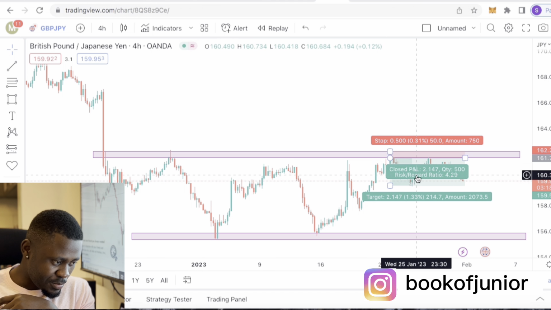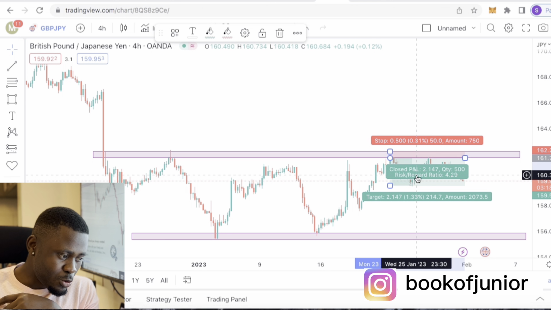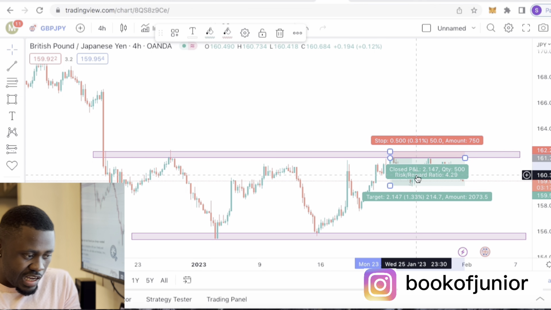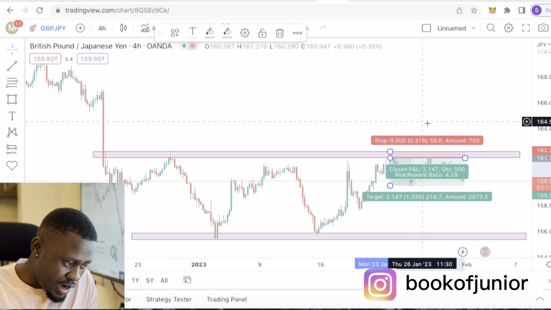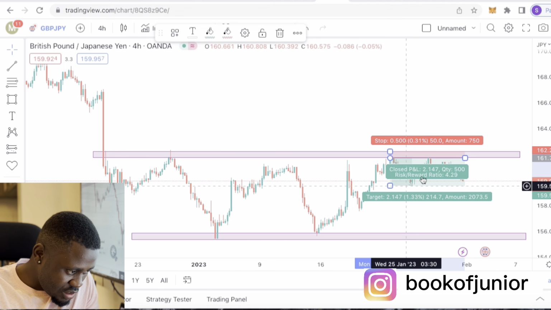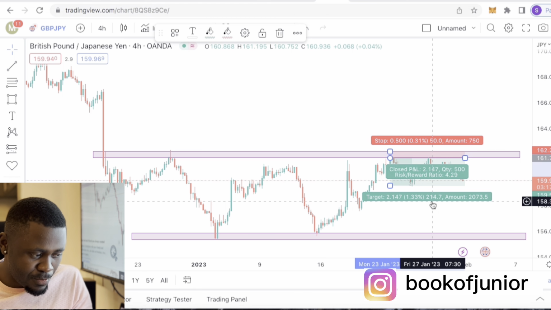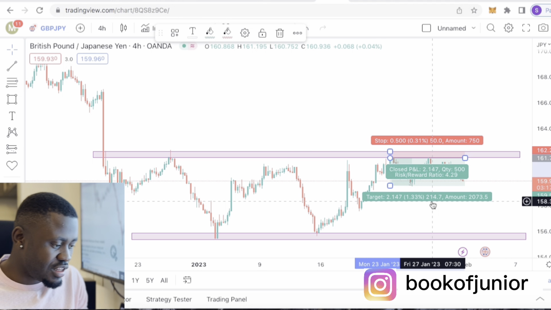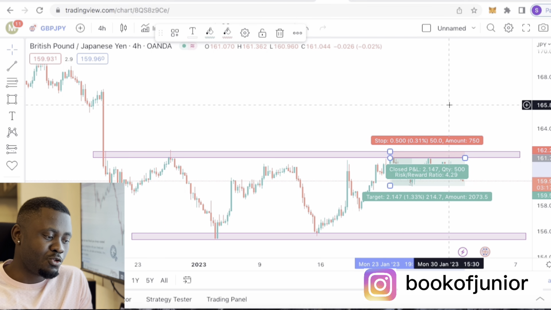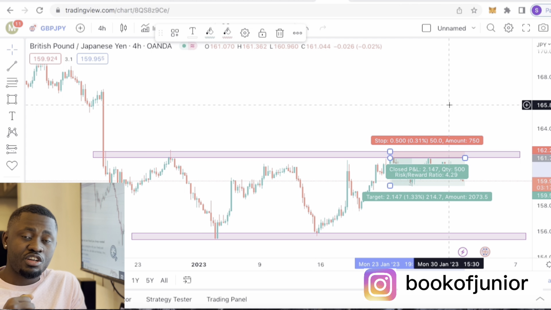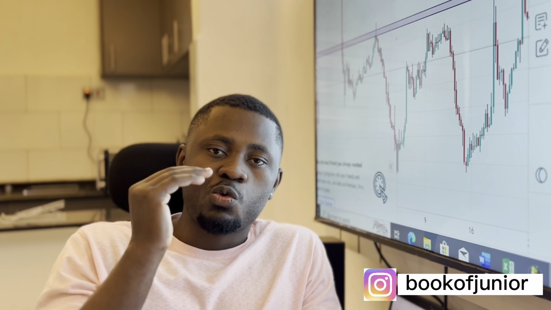Traders, as you can see, here we would be risking 50 pips, and our target would be 214 pips. Traders, this is crazy. We would be risking 50 pips to make 214 pips.